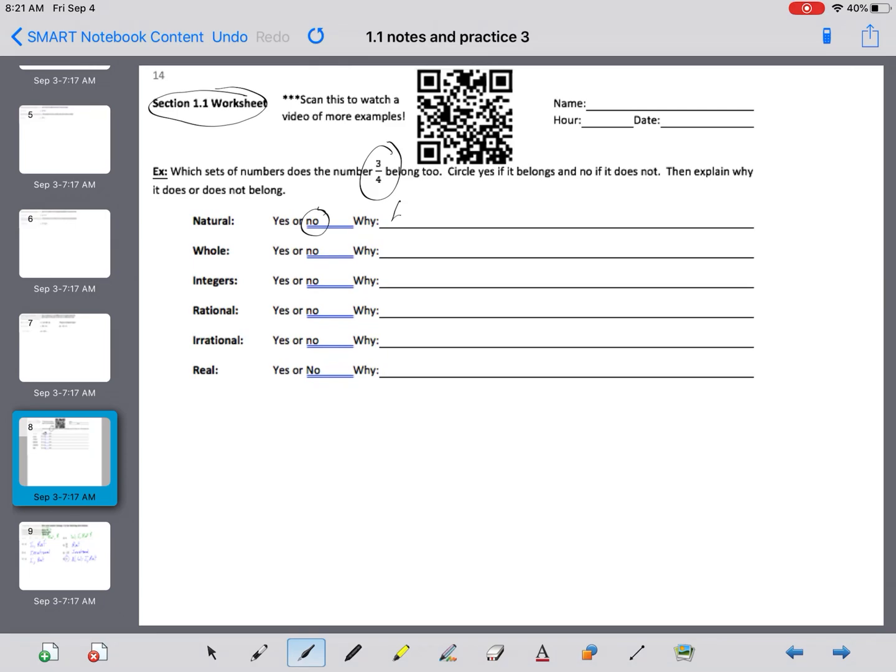Why? Well, because it's a fraction, and fractions are not part of our natural number system. Similarly, whole numbers are the same as natural numbers, except whole numbers include the number 0.